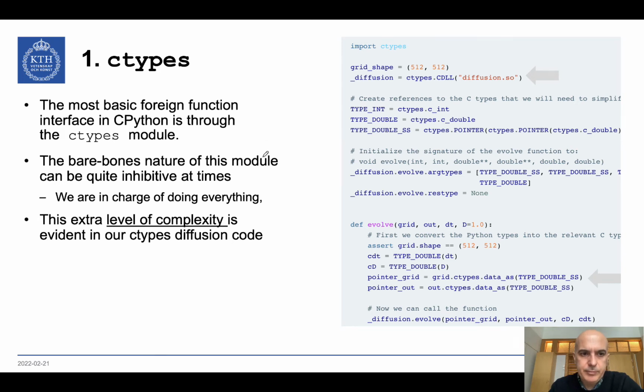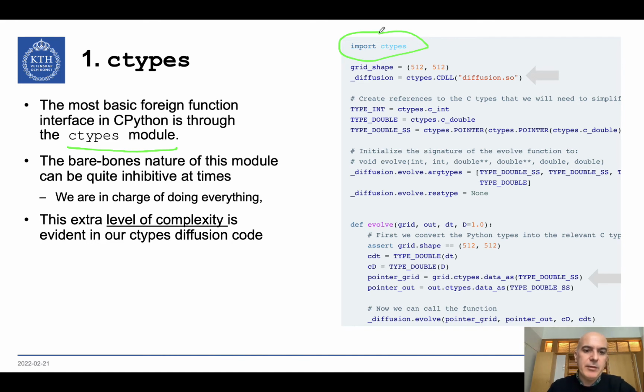The most basic foreign function interface in Python is through the ctypes module. So we will need to import ctypes. The bare-bones nature of this module can be quite convoluted sometimes, so it requires quite a lot of lines of code, because basically we are in charge of doing everything, but also making sure that everything is correct.